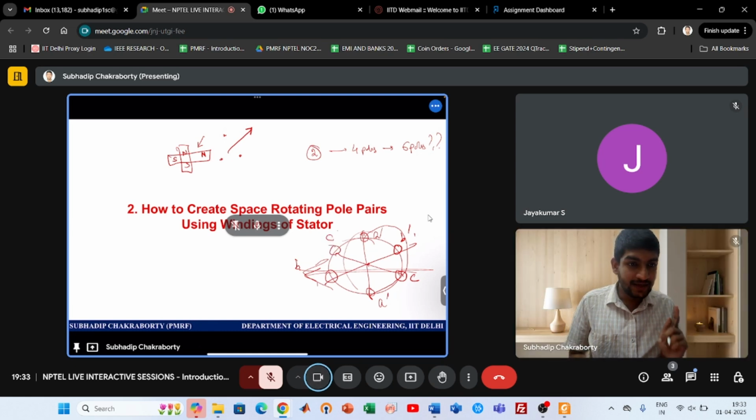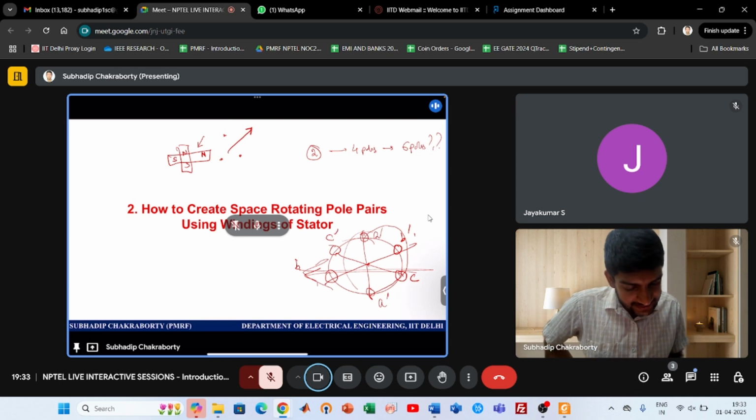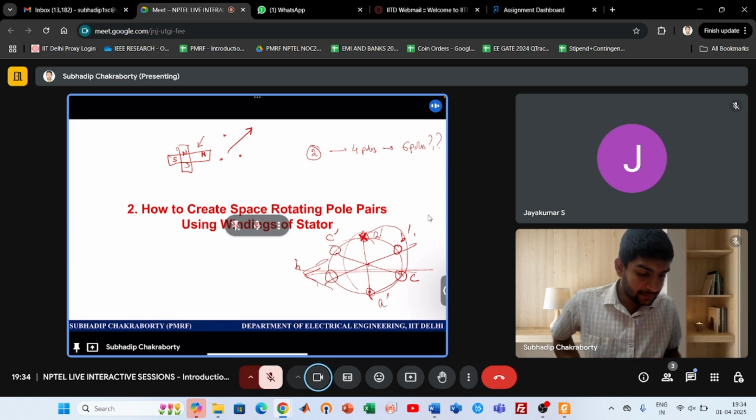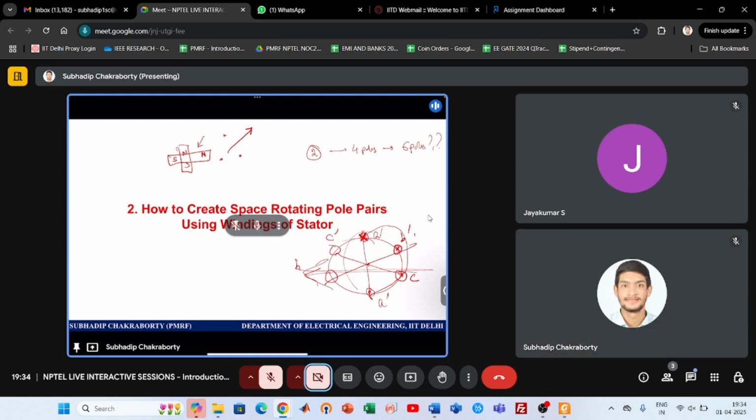But this system will lead to generation of one pole pair which is rotating in space. Understood up to this? So how will it do? When A is maximum, likewise see the polarity. B and C are in the same orientation, I can say, but negative. So small cross.